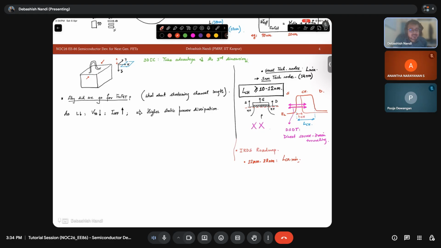But what does 3 nanometer mean then? This 3 nanometer means, on a wafer, if I draw two metal lines, from the center of this metal line to the center of the other metal line is called pitch.